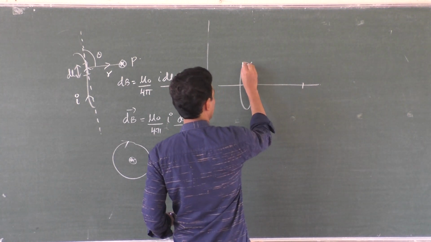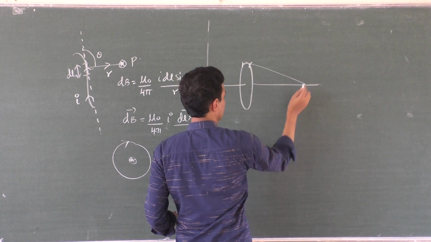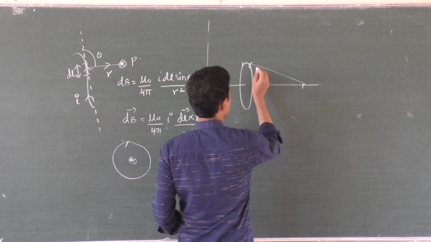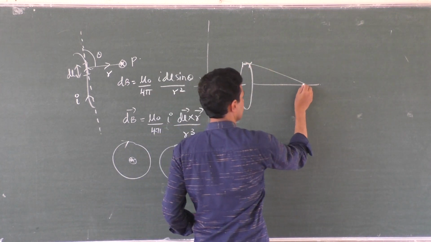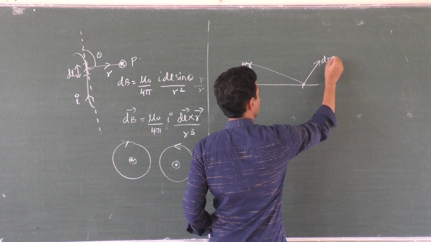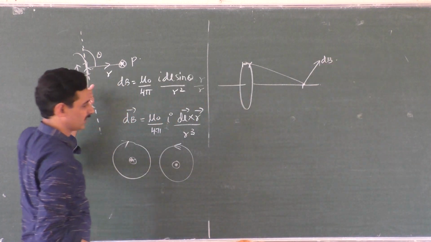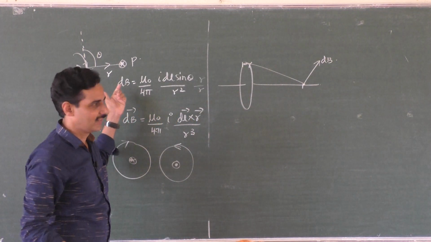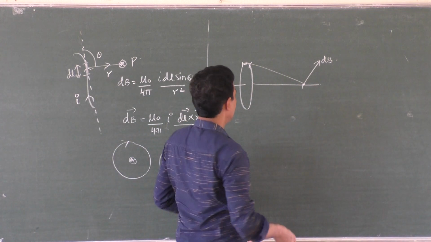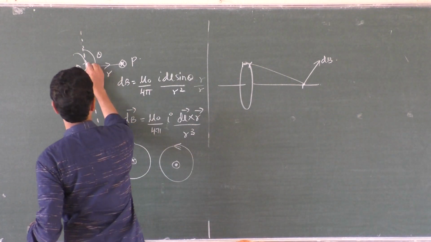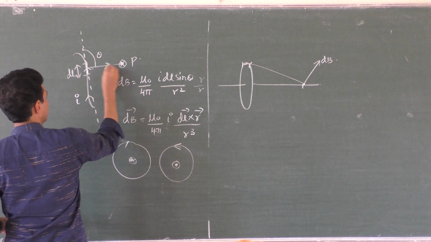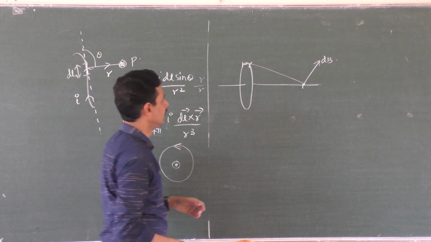You remember two elements were taken here, this is joined, and the magnetic field due to this element here is dB like this, right? You can apply Biot-Savart's law and get the magnetic field here, and it is perpendicular to the plane containing the element and the line joining the element with the point, and it will be like this.